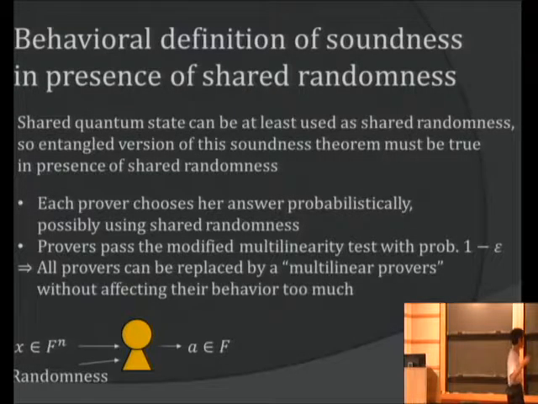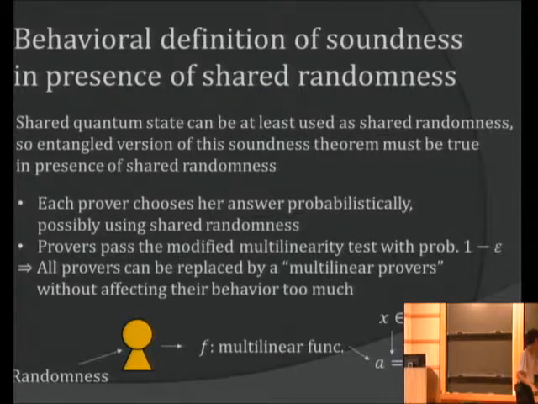If provers pass the combination of multilinearity test and consistency test with high probability, then we can replace this prover by a more benign prover whose behavior is quite restricted. Namely, the prover just looks at the randomness and chooses a multilinear function without looking at which point she is asked, and then just answers this value.